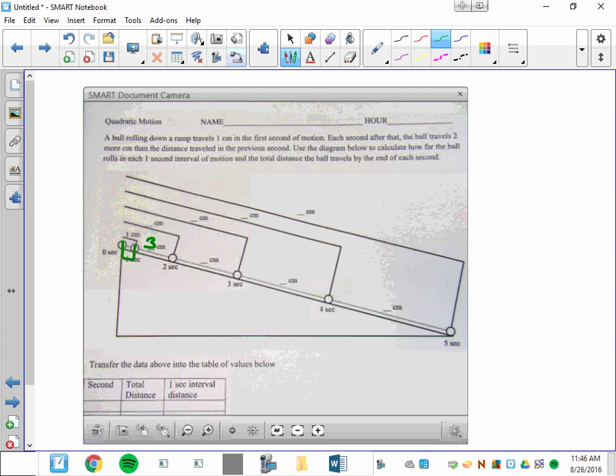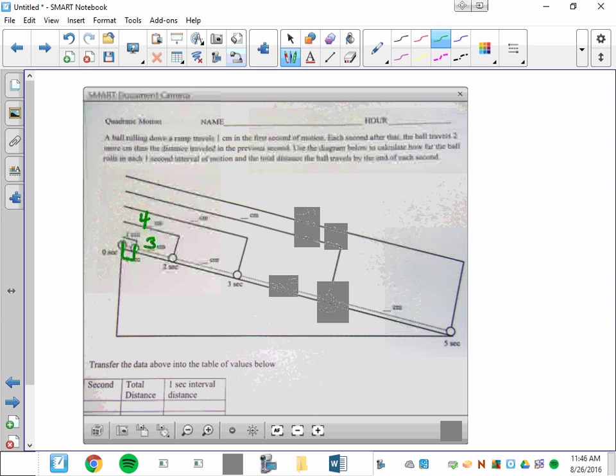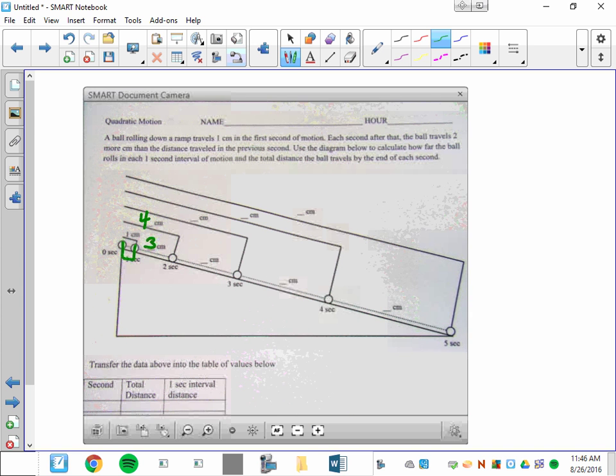Okay. How far has the ball rolled overall? Yes, 4 total. Okay. In the next 1 second interval, how far is it going to travel? 2 more than last time. 2 more than 3, which is 5.